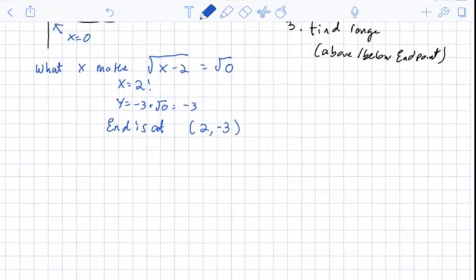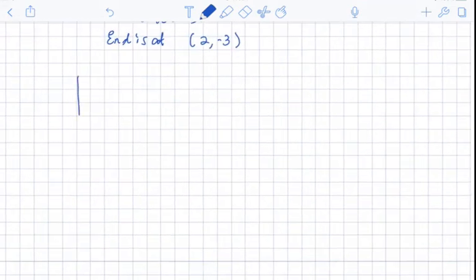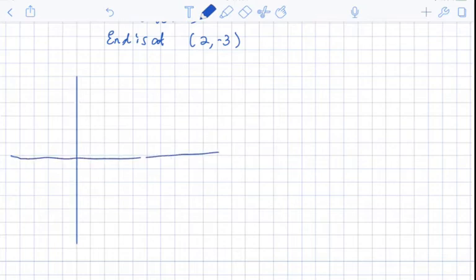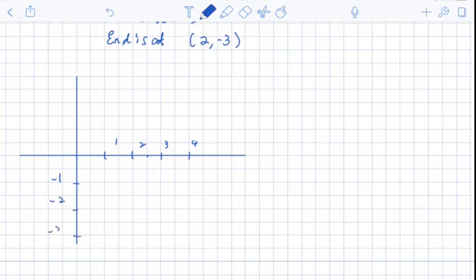So if I wanted to graph it, 1, 2, 3, 4, -1, -2, -3.